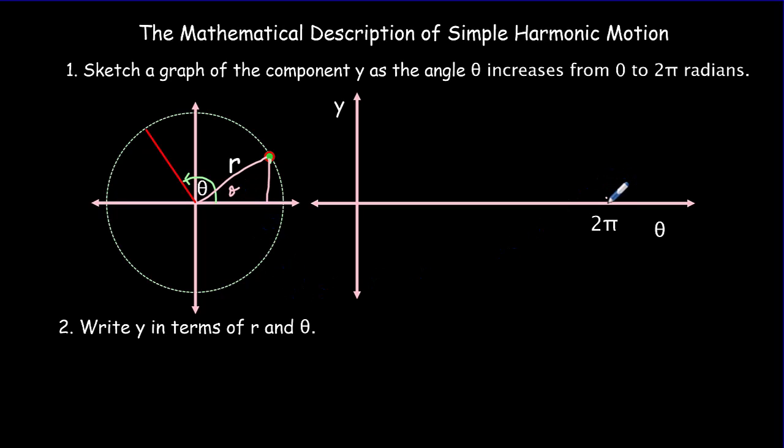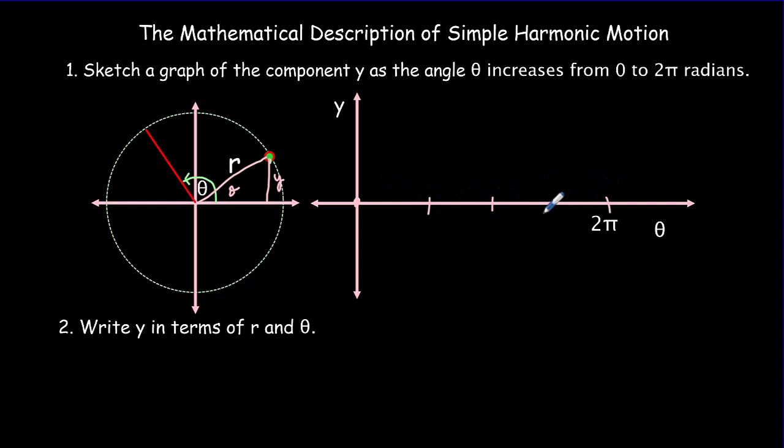So first, what would that y component look like as it passes through one cycle, one revolution? And then secondly, can you write y in terms of r and theta? Well, hopefully you said that the y component starts out at 0. It increases until it reaches a value of r, the radius of the circle. And that's going to be at a quarter of the way around the circle.